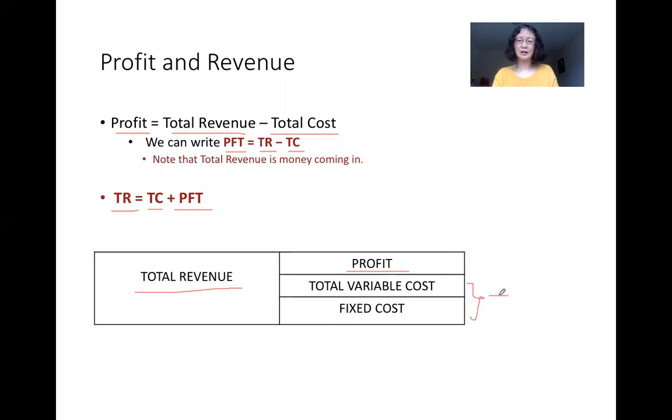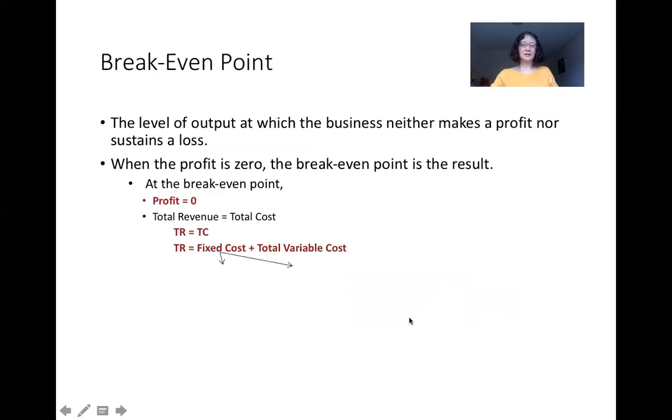Total cost also has two parts. One is total variable cost. The other is the fixed cost. Okay. For the break-even point, it is when revenue equal to cost.